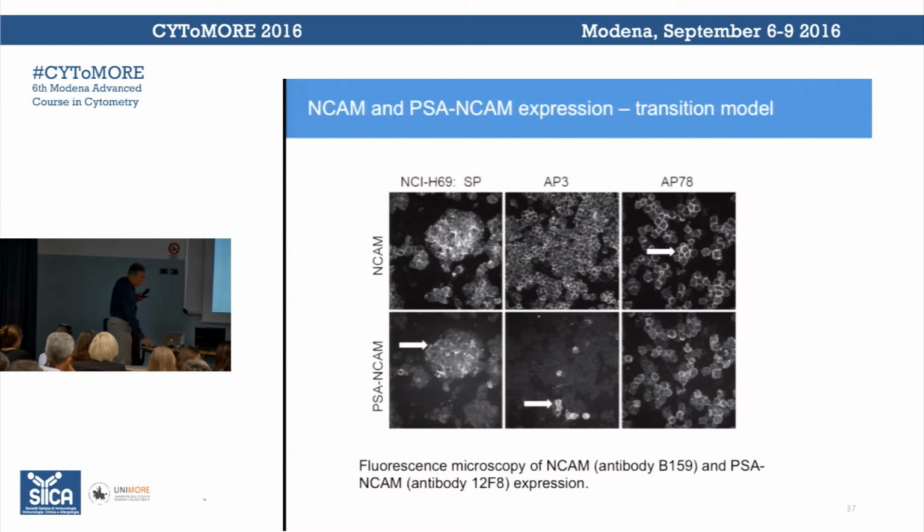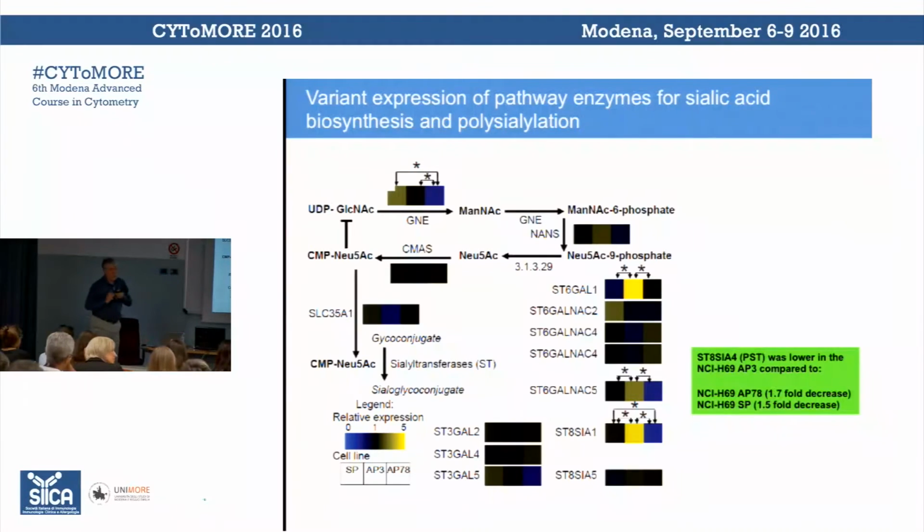So if we do gene expression analysis on the glycosylation pathway, we see really no changes in terms of those signatures, apart from a couple of the sialyltransferases, which we've yet to explore. But importantly, there is a reduction in one of the key enzymes for polysialylation as the cells lose polysialylation.